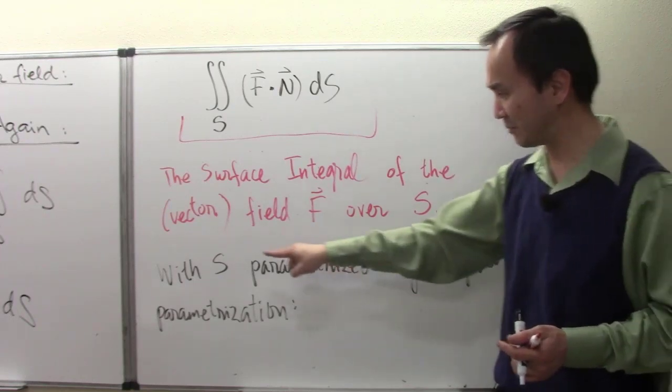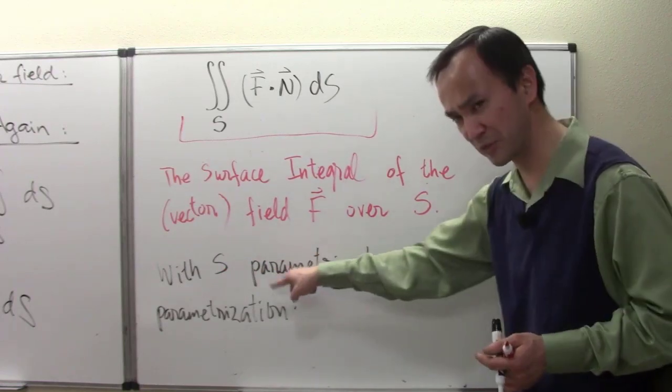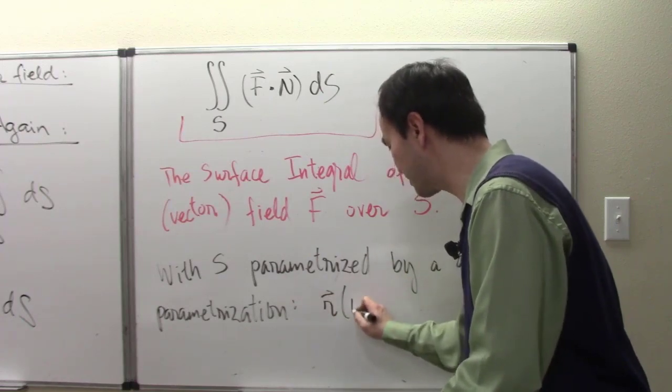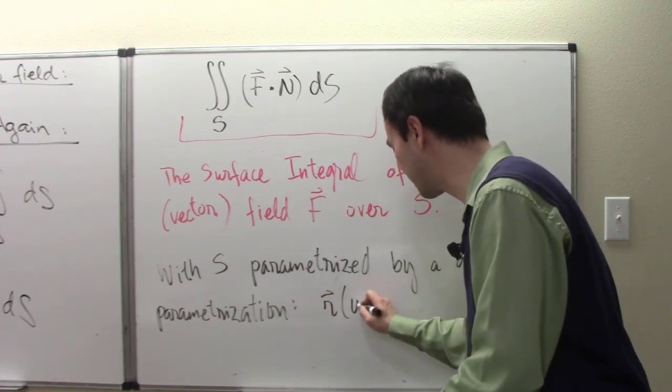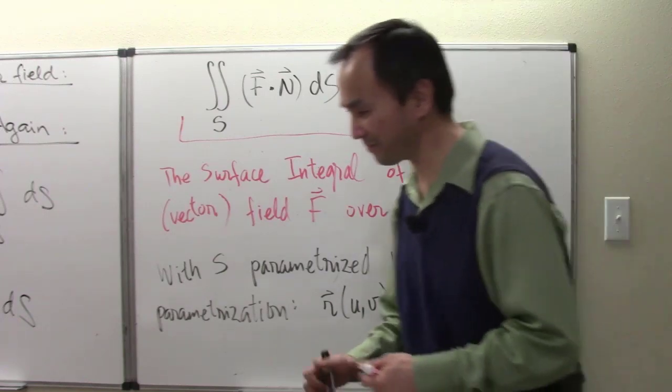So with S parameterized by a given parameterization, as a vector valued function of two variables u, v, this is what we're doing.